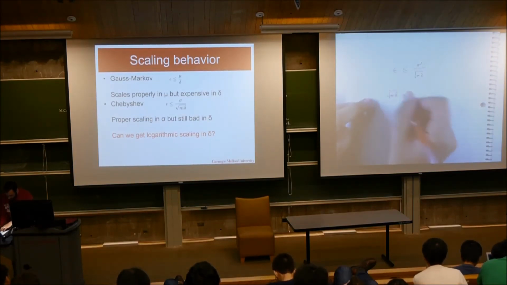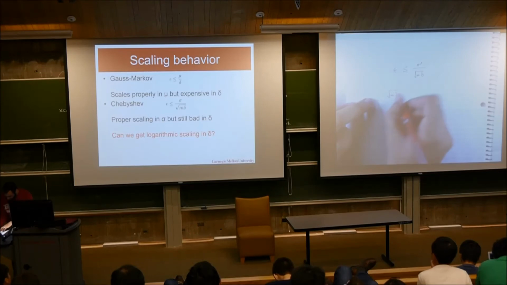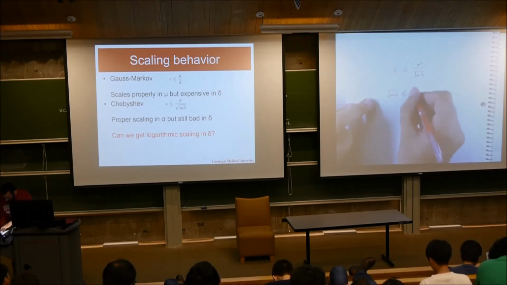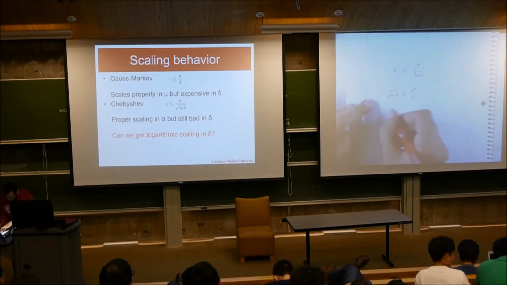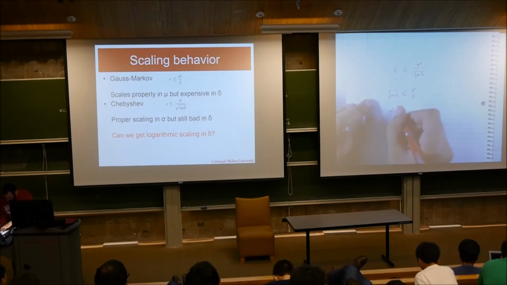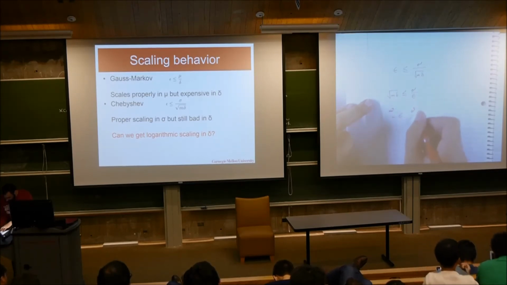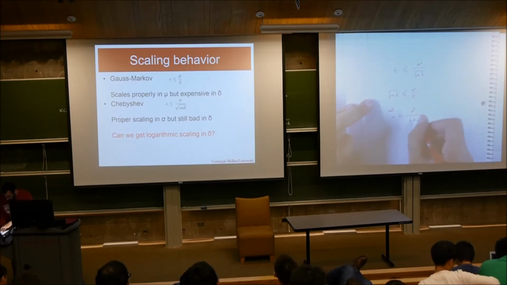That gives you mu delta is less than or equal to sigma over epsilon, squared. You square the thing, so you get mu is less than or equal to sigma squared over delta epsilon squared.